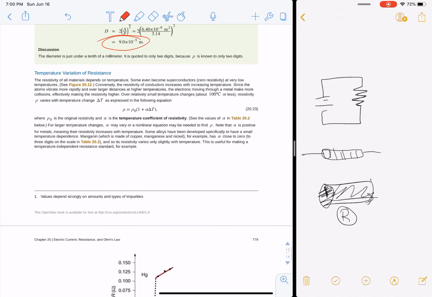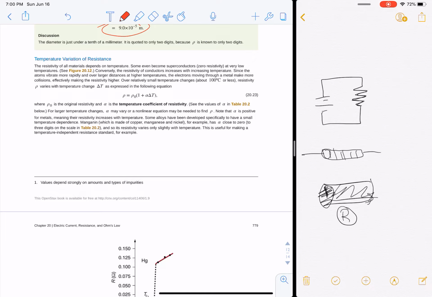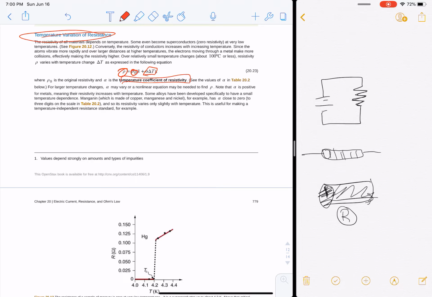Okay, so there's an interesting thing here. The resistance changes with temperature a little bit. The initial resistivity is rho 0, but there's a small dependence on delta T, which gives you a new resistivity as the temperature changes. That's the temperature coefficient of resistivity.